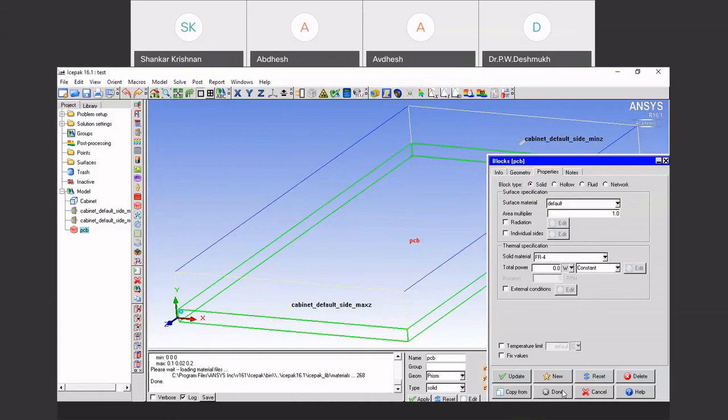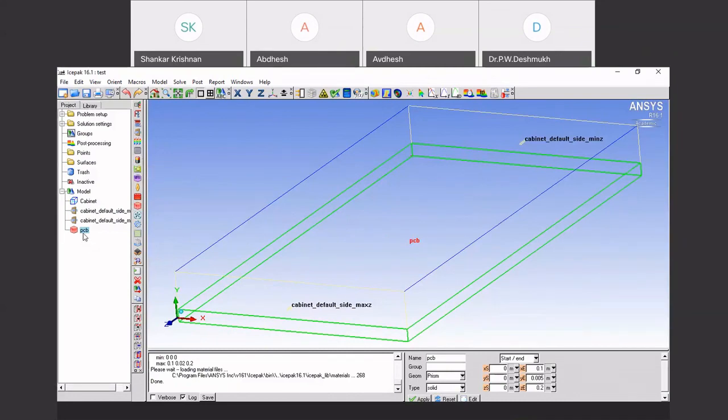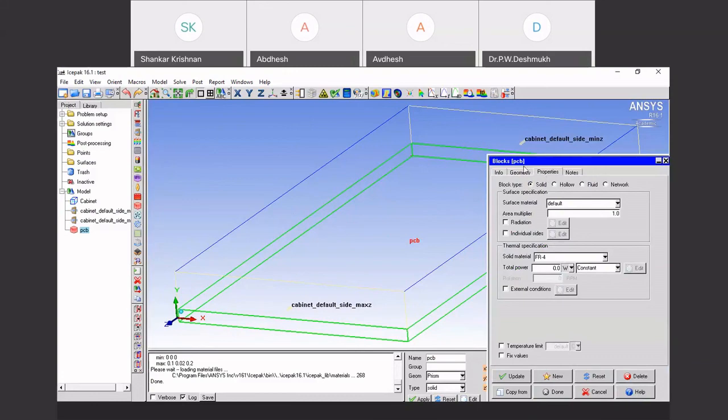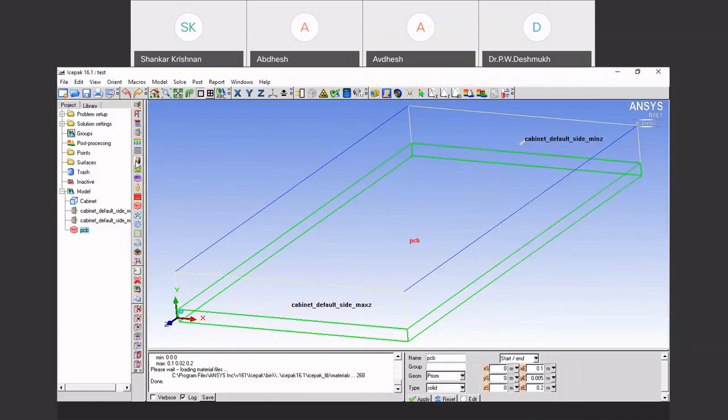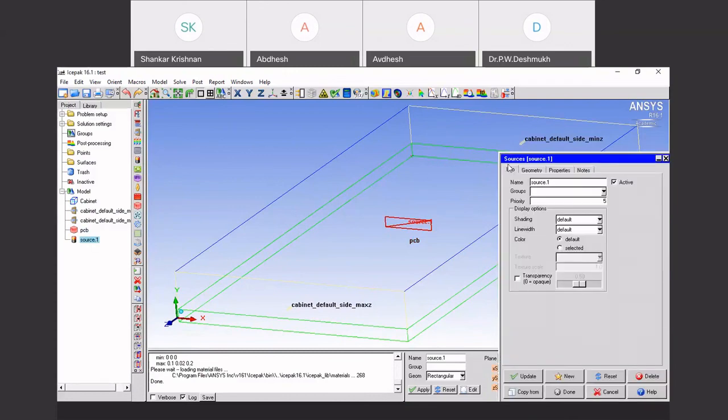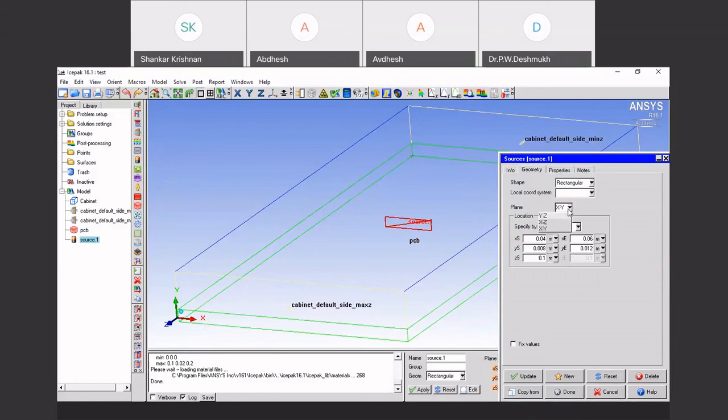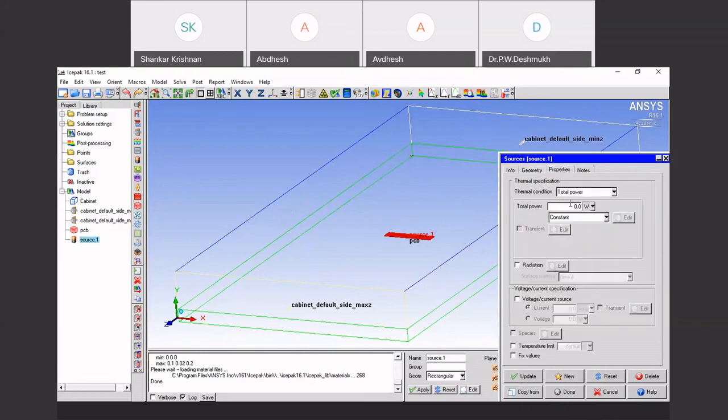And on top of it, for this heat source, I'm just going to specify some power that it will dissipate, 1 watt. Maybe that is too much. 0.25 watts.